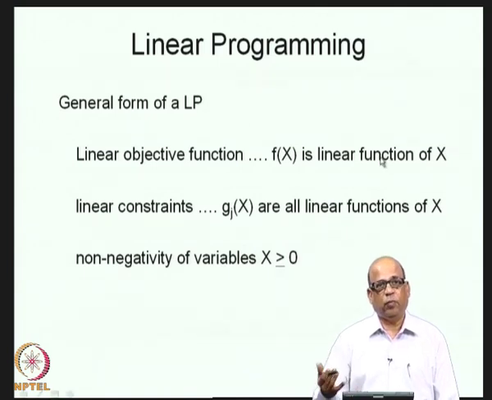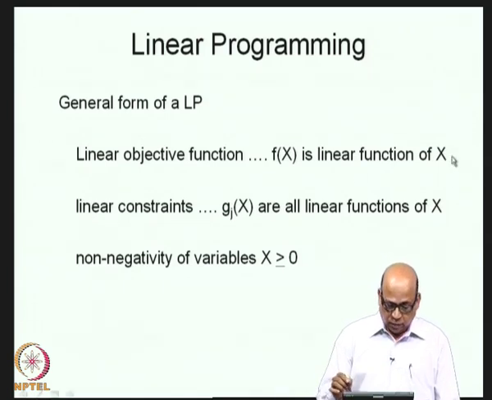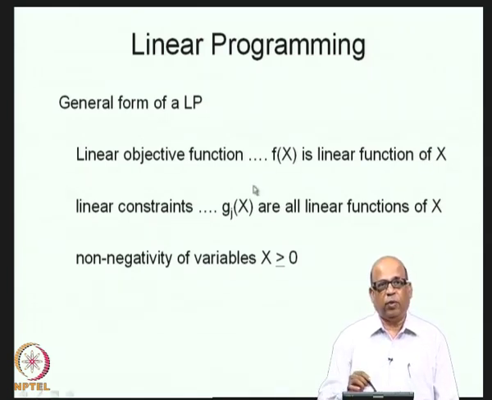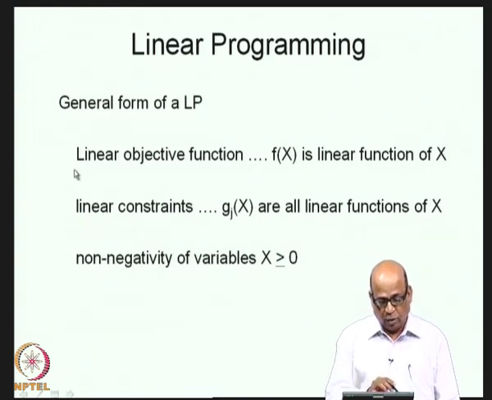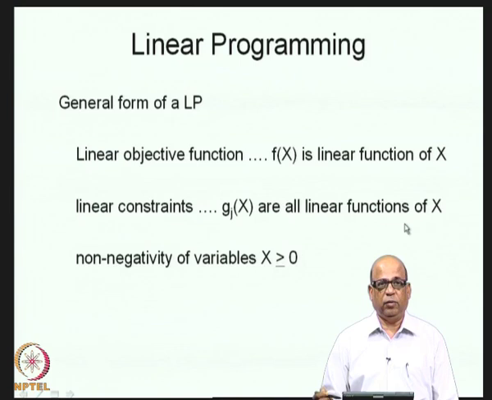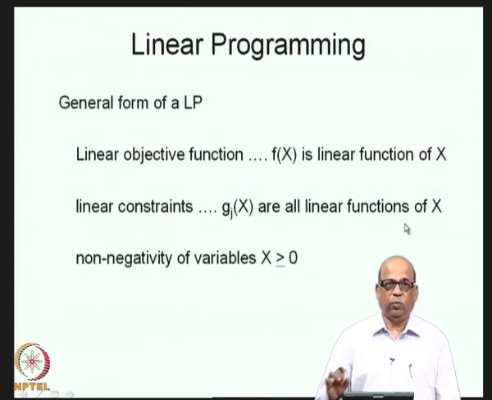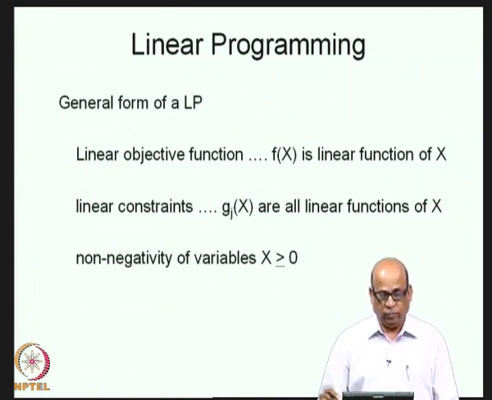Similarly, your objective function can be non-linear, we convert that into a linear function. So, the requirement of the general form of LP is that the objective function should be a linear function, constraints should all be linear functions of the decision variables, and all the decision variables be non-negative. When your optimization problem satisfies all these three conditions, then we use the linear programming problem.